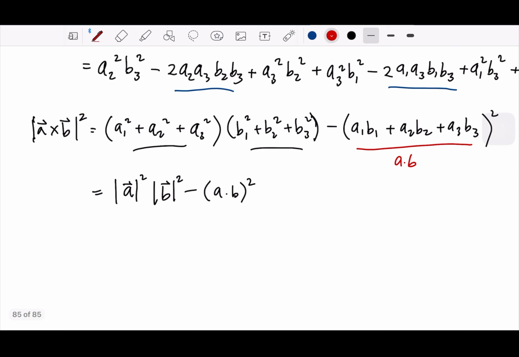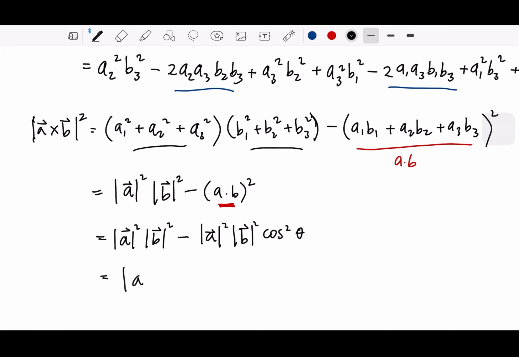Then we can exchange this A dot B with the dot product formula, and then we can factorize 1 minus cos squared theta.